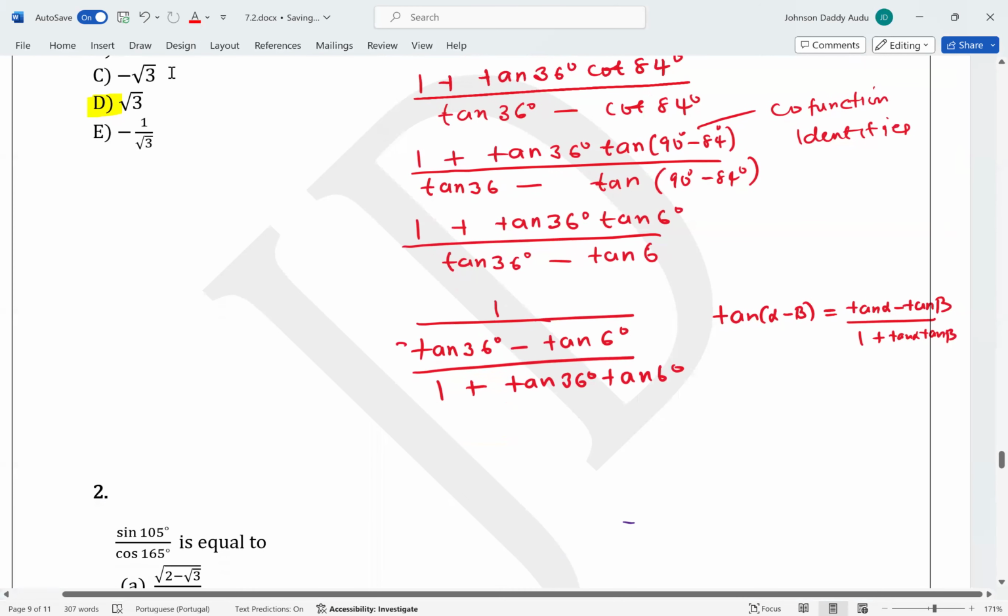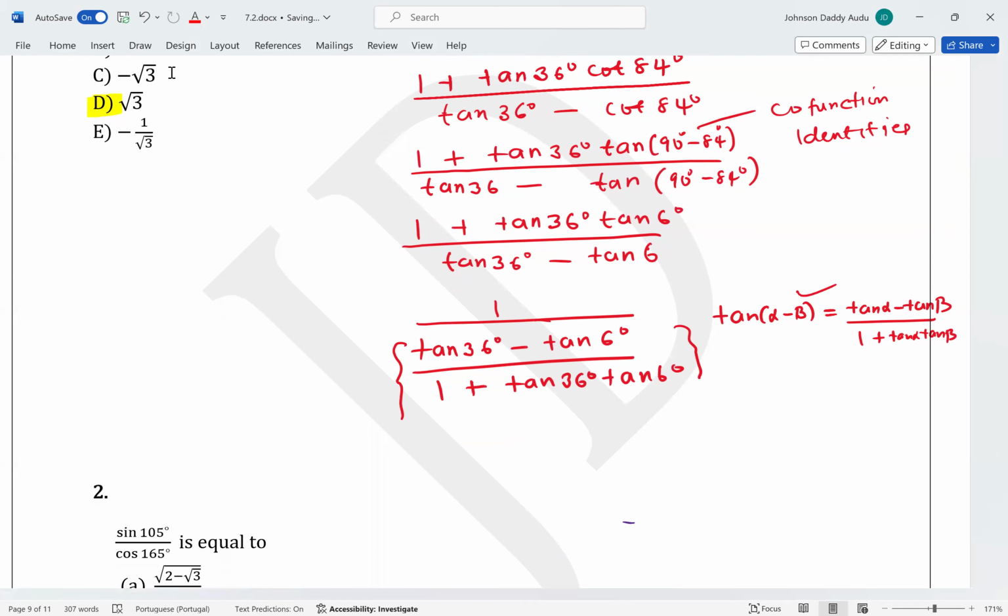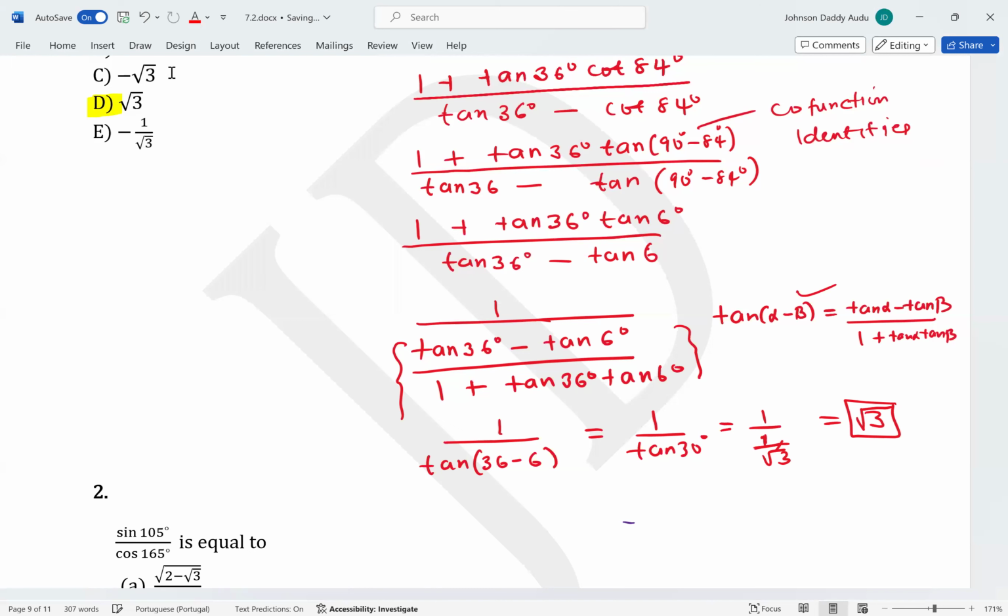But if you look at this, this gives us tan of alpha minus beta. So this is just 1 over tan of 36 minus 6, which is 1 over tan of 30. And 1 over tan 30 is 1 over 1 over root 3, right? So the answer is just going to be root 3. Root 3 is the answer.